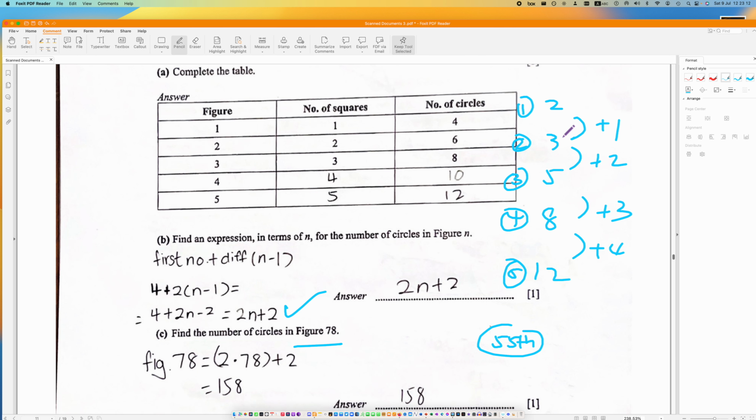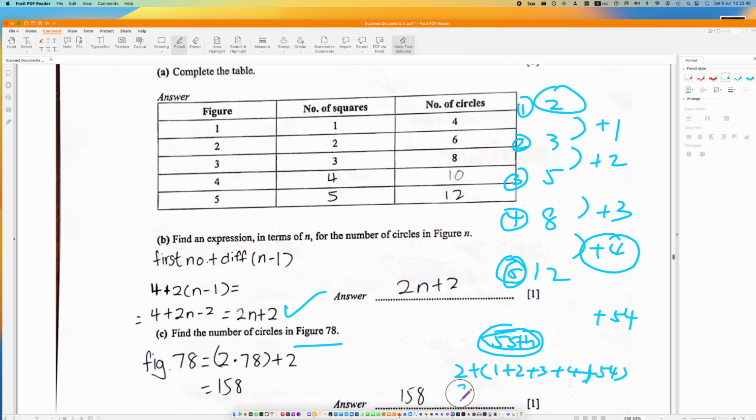For the 55th one, I know the first number is 2, so I need 2 plus 1 plus 2 plus 3 plus 4. So that gets the 5th one, right? So I add until 54, then you get the 55th.